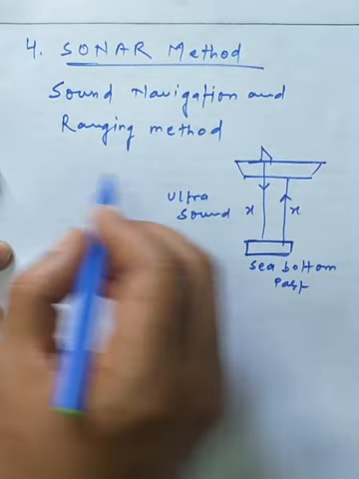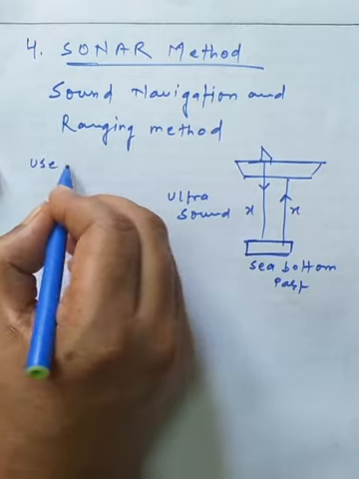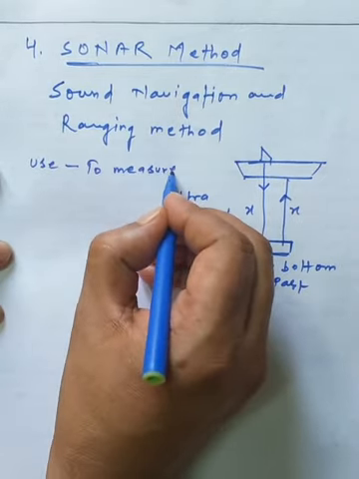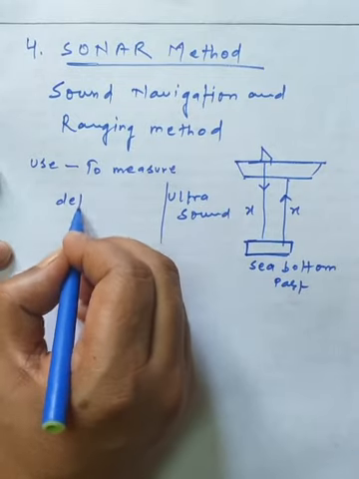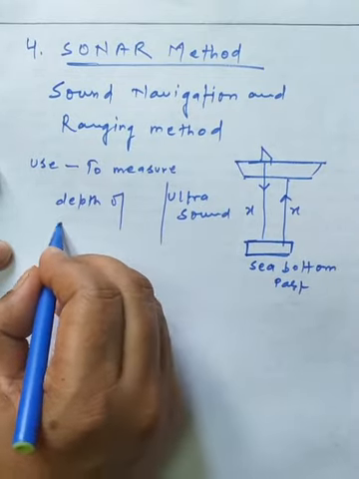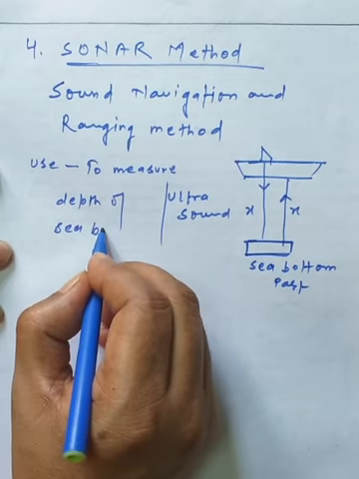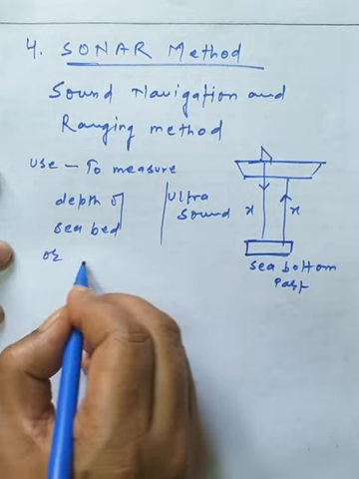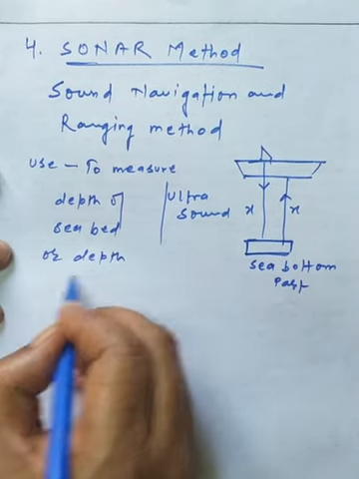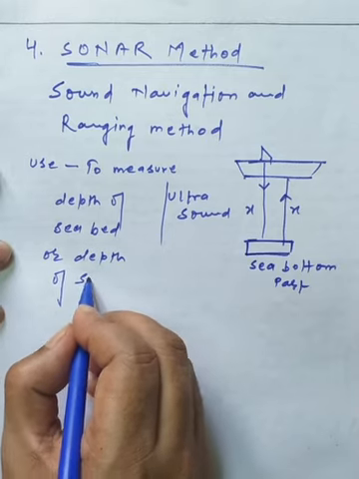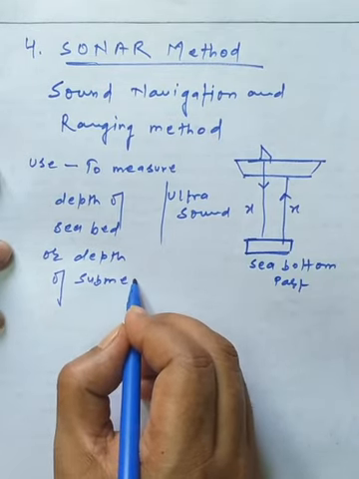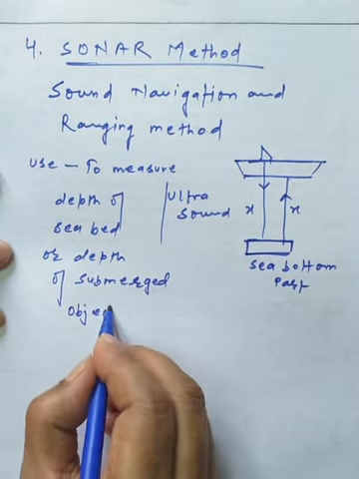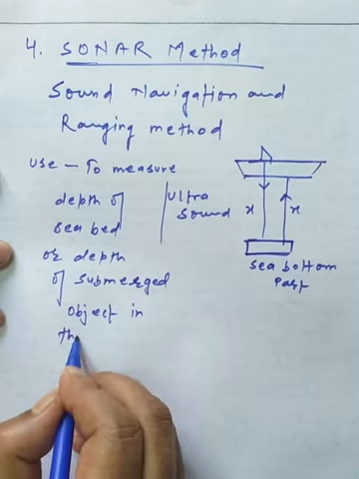So we use the same formula, and the use of this method is to measure the depth of the sea, the seabed, or the depth of a submerged object in the sea.